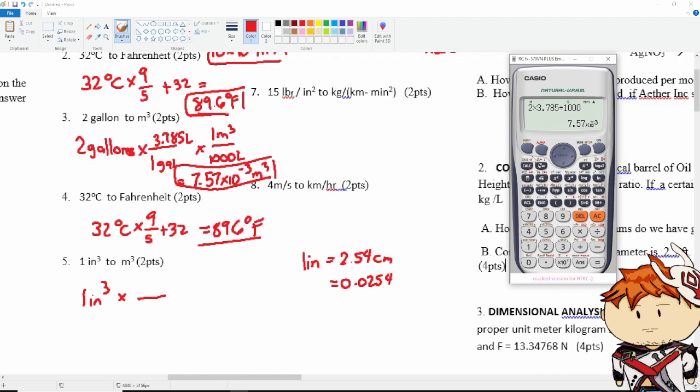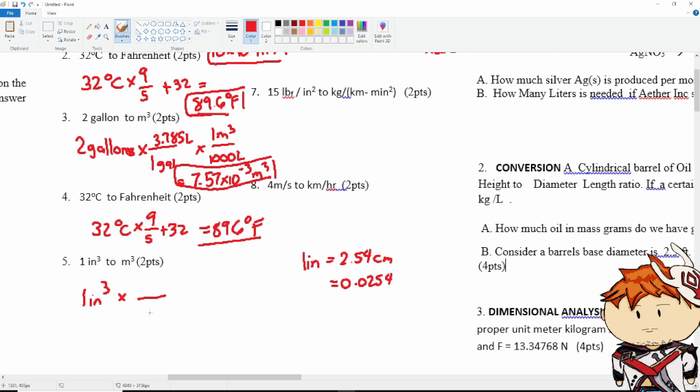Let me check: 2.54 times 12 is 30.48, divided by 100 is 0.3048, divided by 12 is 0.0254. Okay, so 0.0254 meter.